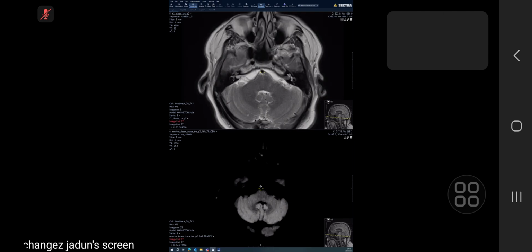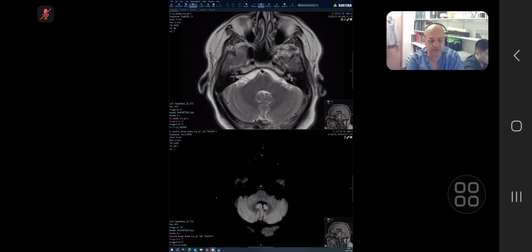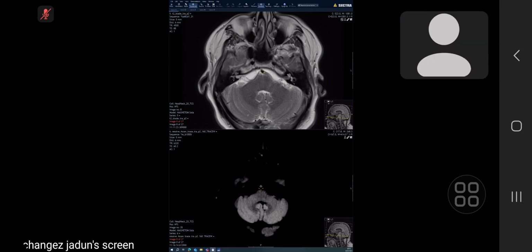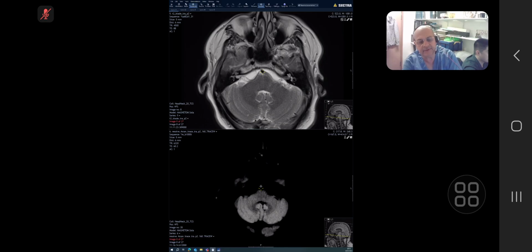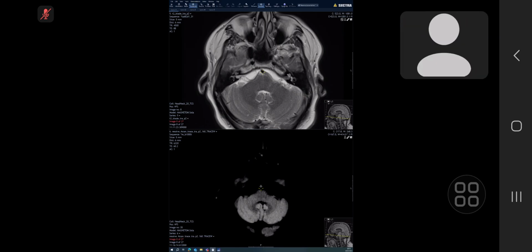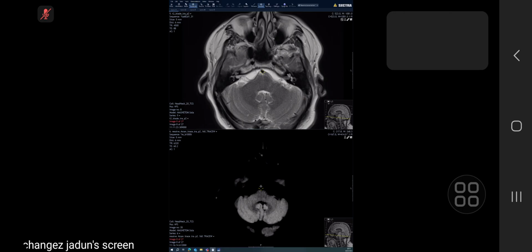So what will you do now here? The next question before the examiner asks you, what are you going to do further? I would do a CT angiogram to rule out vertebral artery dissection. Yes. There are three things that you will do. One, you will do a CT angiogram to rule out vertebral artery dissection, and the second, embolic.